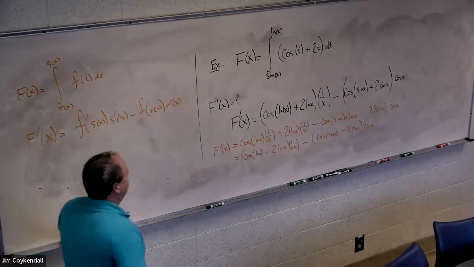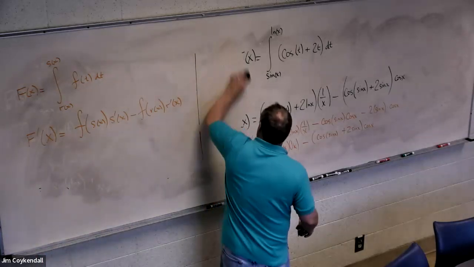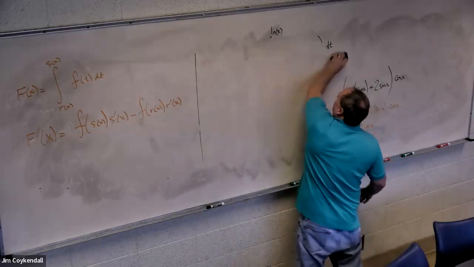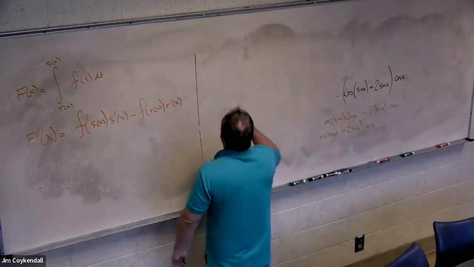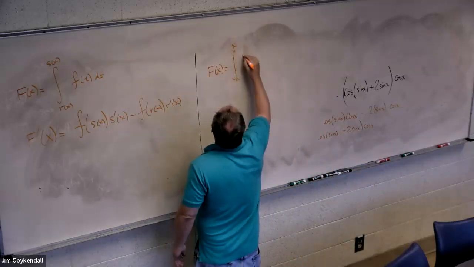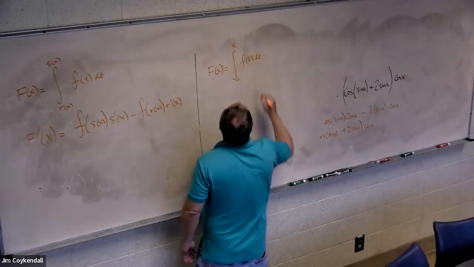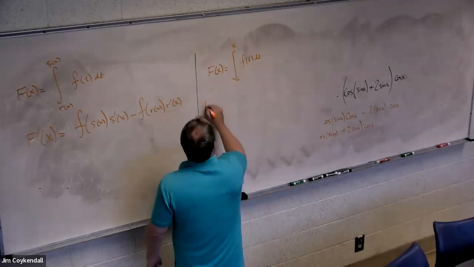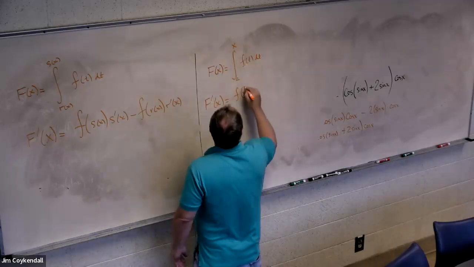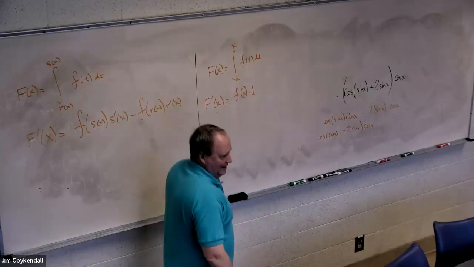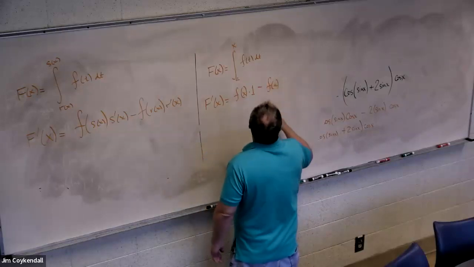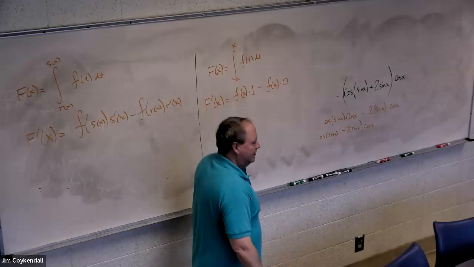So let's do a simple case. And this actually ties into the Fundamental Theorem of Calculus. If F of x is the integral from a to x of f of t dt, using this formula, this is f of the top times the derivative of the top, which is 1, minus f of a times the derivative of a, which is 0.